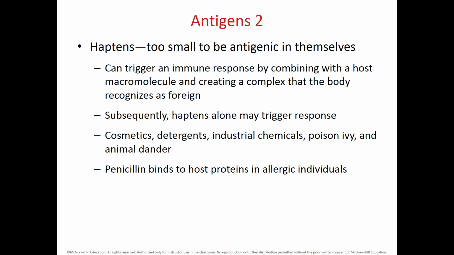Okay, so haptens are very small molecules that do not set an immune response by themselves. But when they combine with a larger molecule, they can set an immunological response.